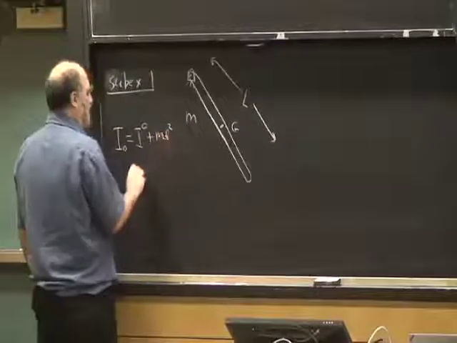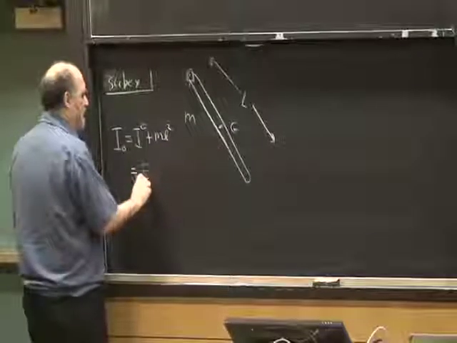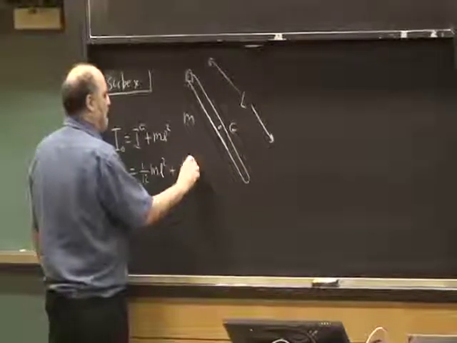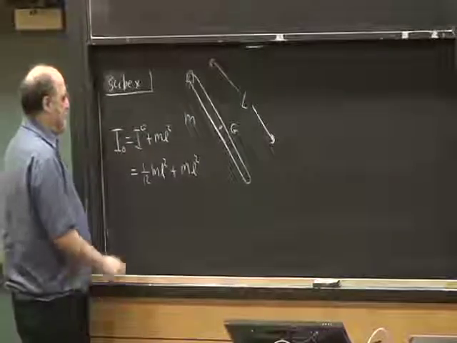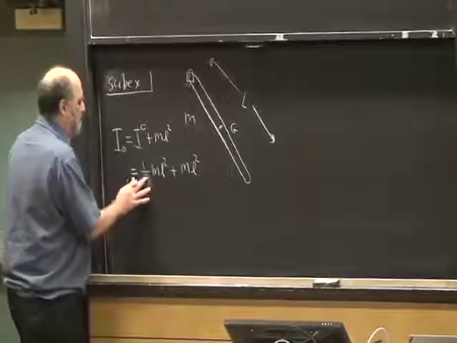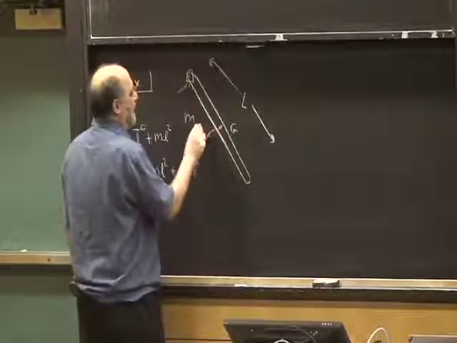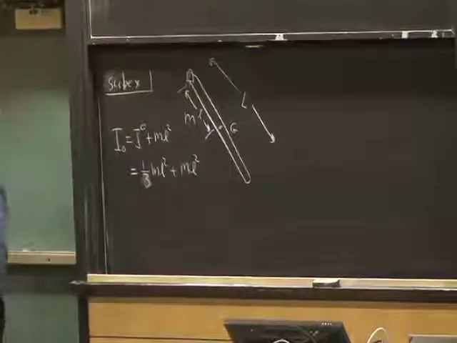Ig is 1/12 ml squared plus ml squared. But what do we have here? The distance that was relevant here was capital L divided by 2.